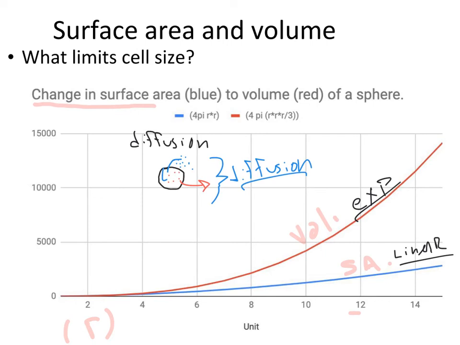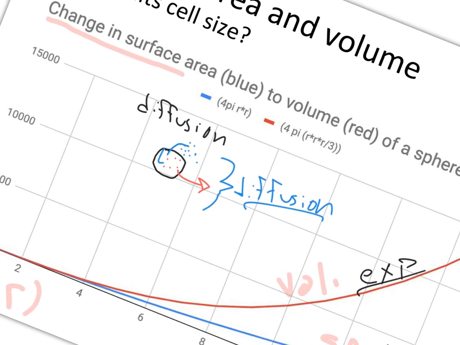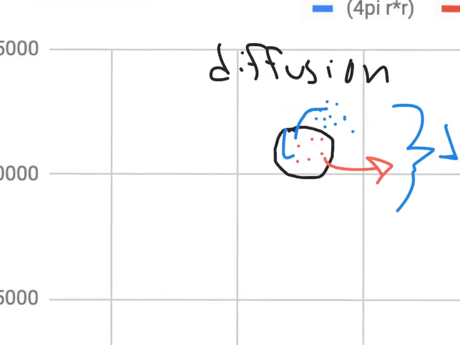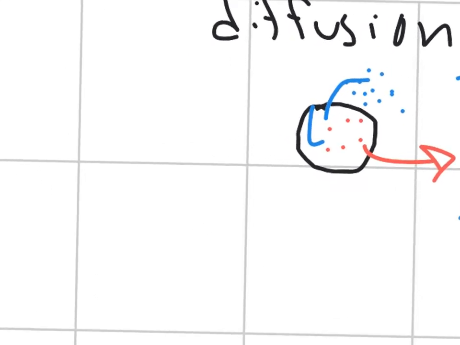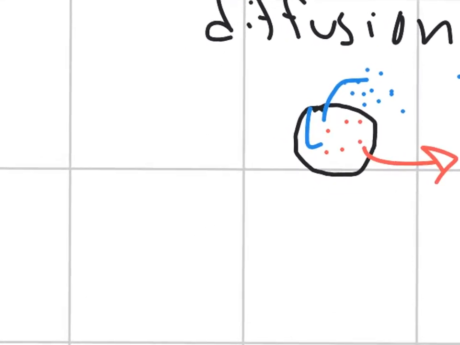And let me try to draw this. Let's just say that this is a normal size cell and this is working fine for this cell, okay? And let's pretend here, I'm going to enlarge this. Let's pretend that whatever this distance is, let's call it x, right? And let's say it takes 30 seconds.